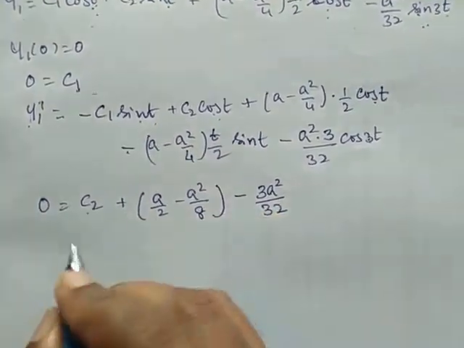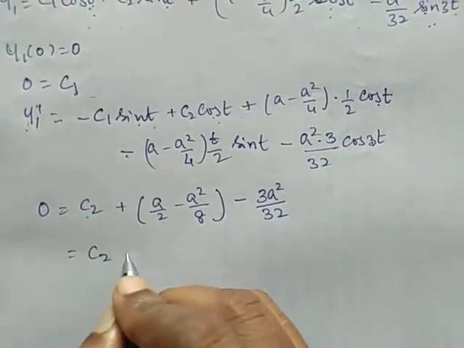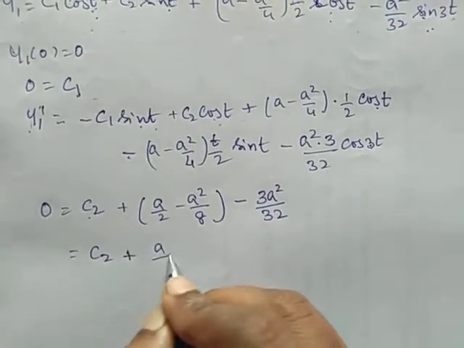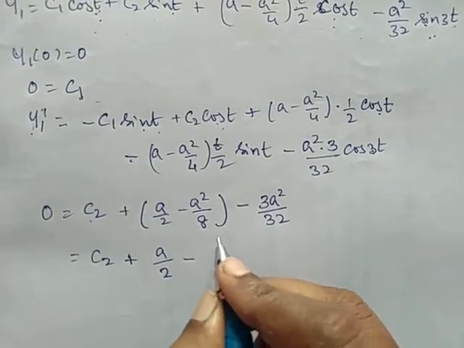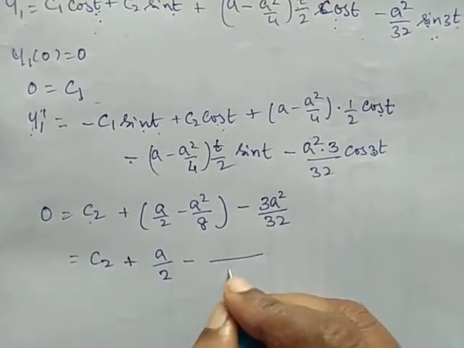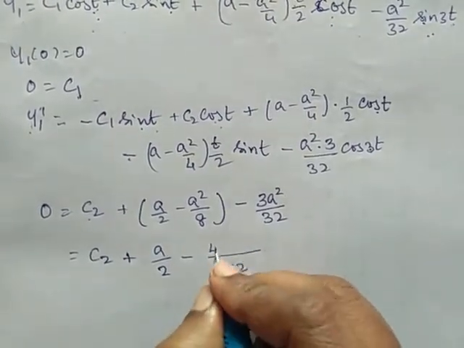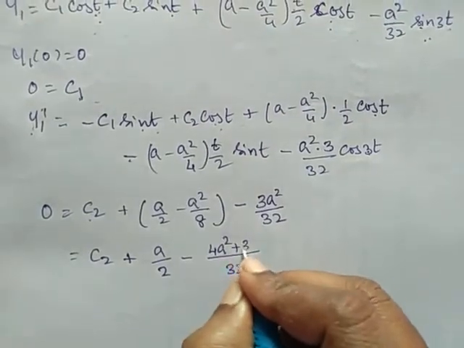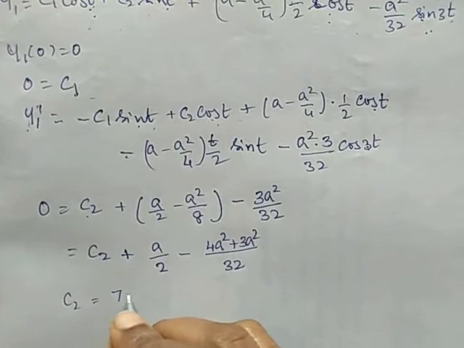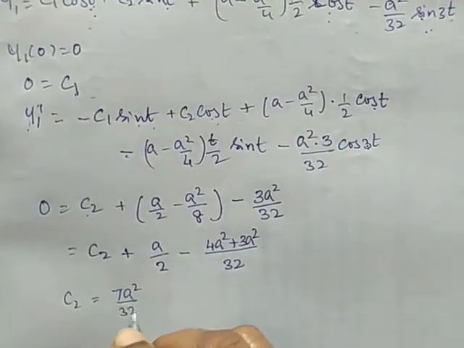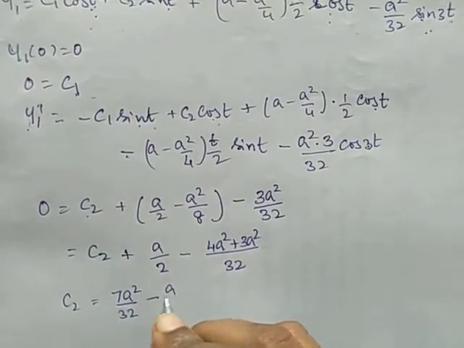So when we group these terms, a by 2 minus, I'll take LCM 32, 4a squared plus 3a squared. So we will get c2 as 7a squared by 32 minus a by 2.